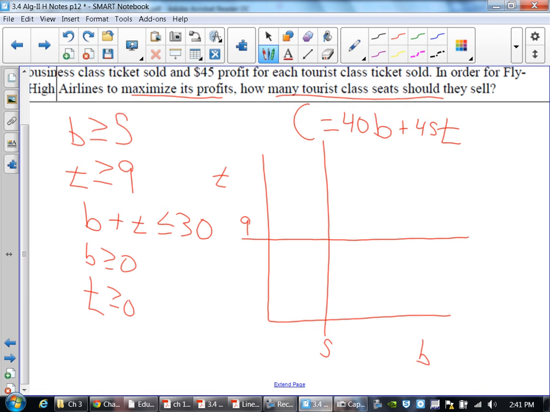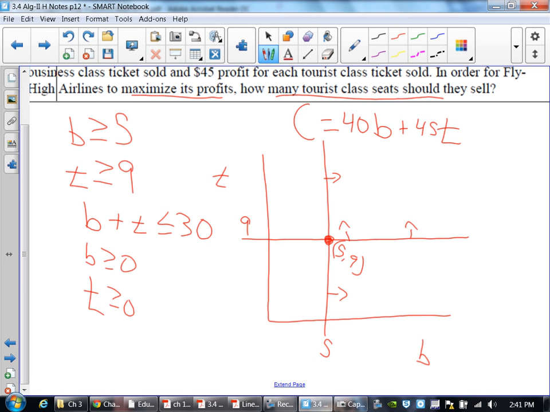Now, it had to be greater than 5, and it had to be greater than 9. These two ran into each other where? Perfect. 5 and 9. Vertical is your x, horizontal is your y. They ran into each other at 5, 9.